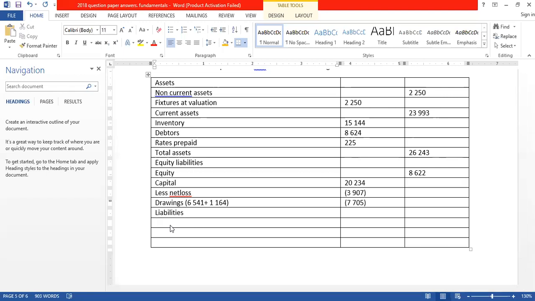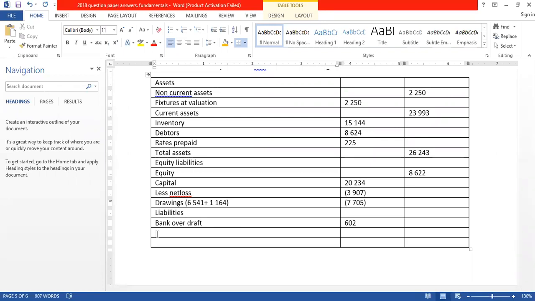Okay, so the first one we can tell we have the bank overdraft of 602. And then we have creditors for goods.